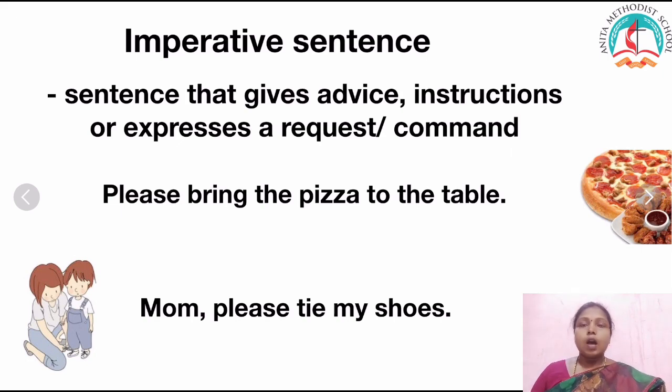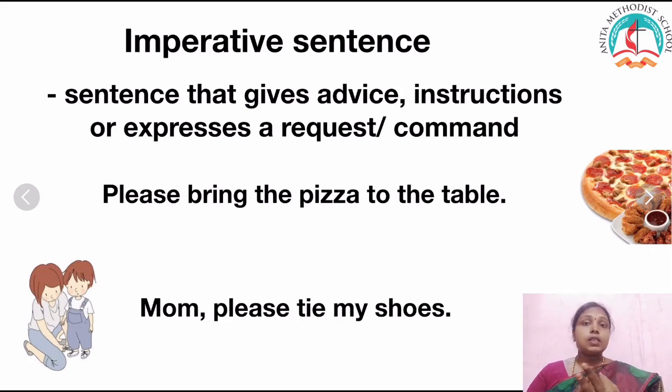Okay children, now let's recap all the four sentences. The first one is declarative. Declarative sentences make a statement or an opinion. It always ends with a full stop. Second, we saw the interrogative sentence. An interrogative sentence asks you a question and ends with a question mark. The third one is the exclamatory sentence.